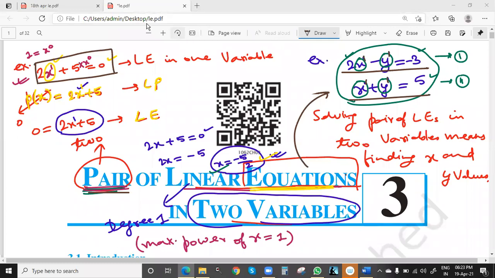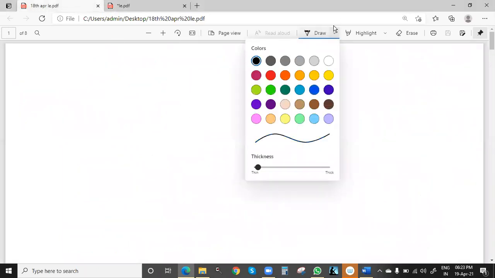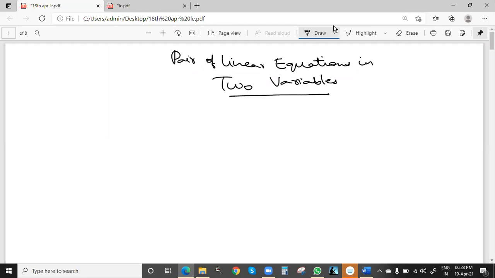So let me show this first one here. We have the chapter Pair of Linear Equations in Two Variables. Pair means we will have two linear equations, and two variables means the two variables will be x and y.